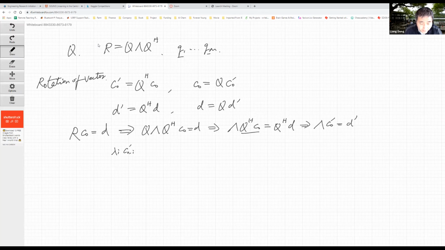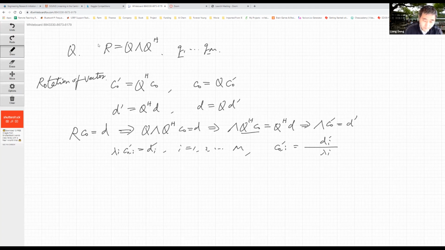This is the ith element, lambda i times C0i prime equal to di prime, where i is from 1 to m. We decompose into m parallel equations, and it's very easy to calculate the best solution. C0i prime is a simple division, di prime over lambda i.